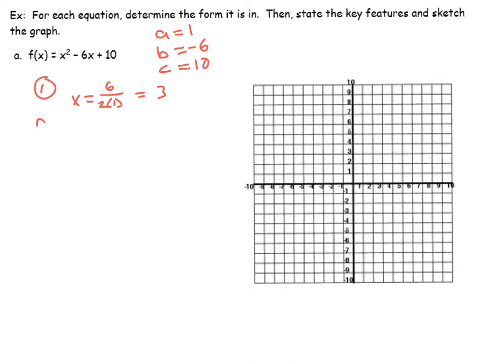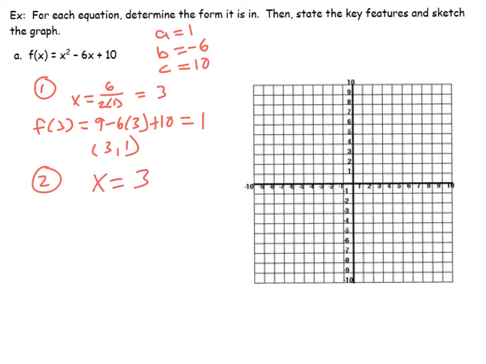And now remember, you got to find f of 3, which would be 9 minus 6 times 3 plus 10, which would equal 1. The big thing that tells me is the vertex is at (3, 1). Once I have that, axis of symmetry is a breeze. It's x equals 3. Last but not least, the y-intercept I know is (0, 10).